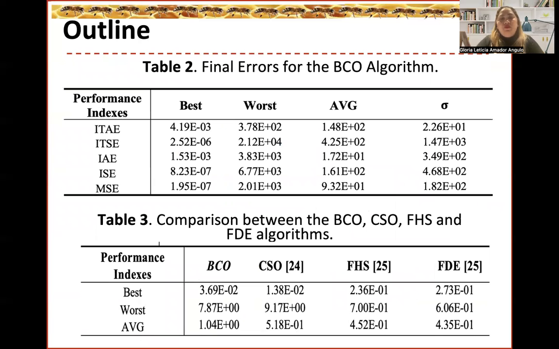Table 2 indicates the final errors for the BCO algorithm for the metrics best, worst, average, and standard deviation.